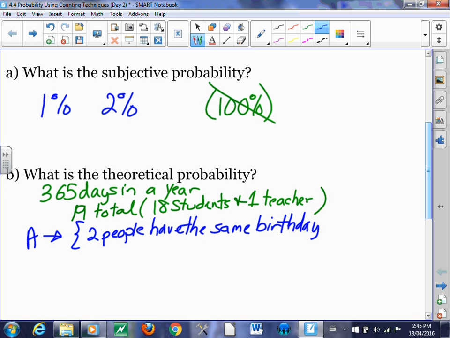In some cases, when we do counting techniques, it is easier to do the opposite, or the indirect method, and that's what's going to happen in this case. So A prime means that nobody has the same birthday.